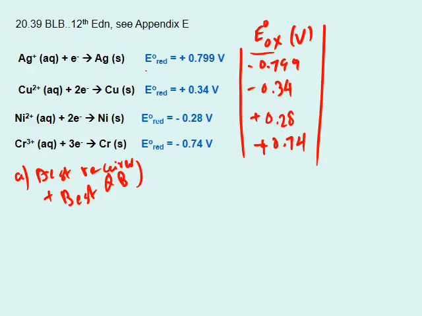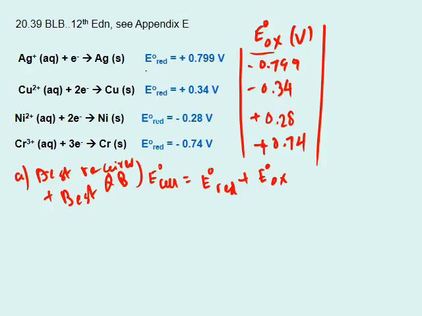The best receiver we determine by the largest possible reduction value. To get the cell voltage, E0 cell would be E0 reduction, coming from the best receiver, plus E0 oxidation, coming from the best quarterback or best thrower of electrons, the one which loses electrons.